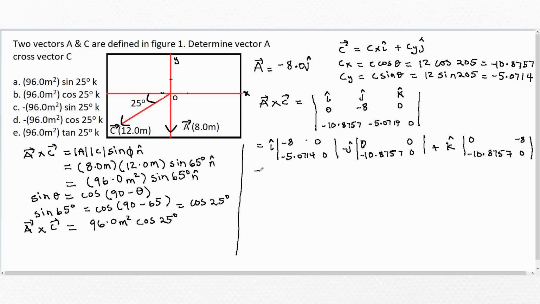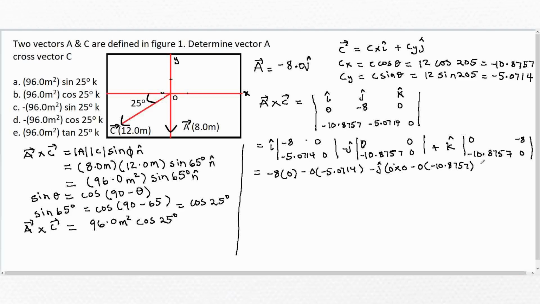So let's simplify this. We multiply the leading diagonal and subtract the multiplication of the other diagonal from it. You're going to have -8 times 0 minus 0 times -5.0714. Then minus j hat times 0 times 0 minus 0 times -10.8757.